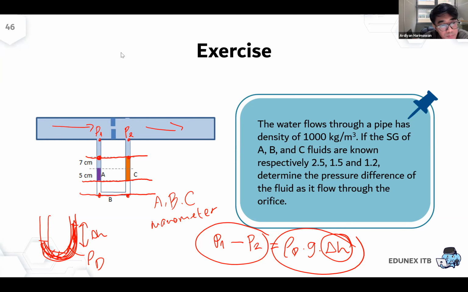Are you still there? Yes, sir. The second red line from below, will the pressure between the left and right manometers be the same or different, and why?